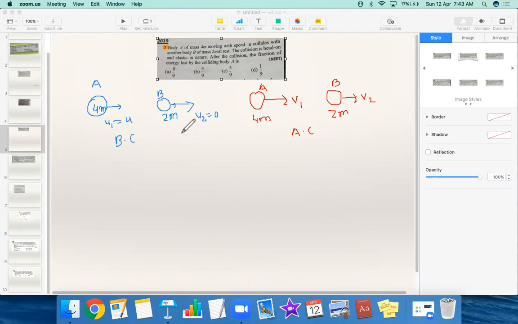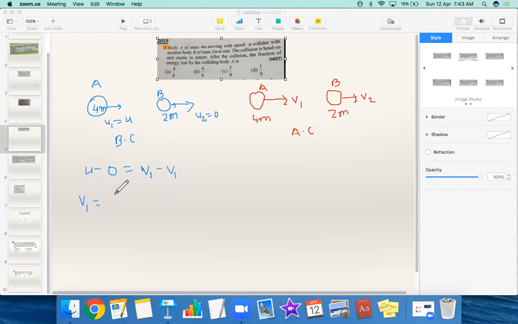So the velocity of approach before collision is u minus 0, which is equal to the velocity of separation after collision, that is v2 minus v1.